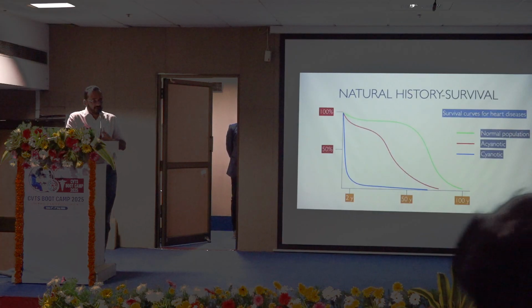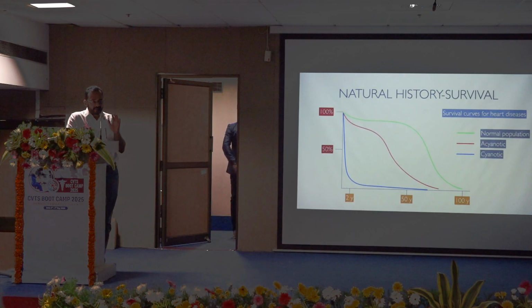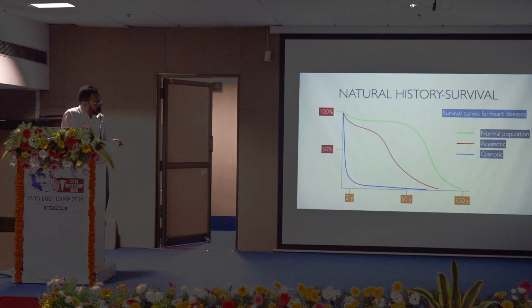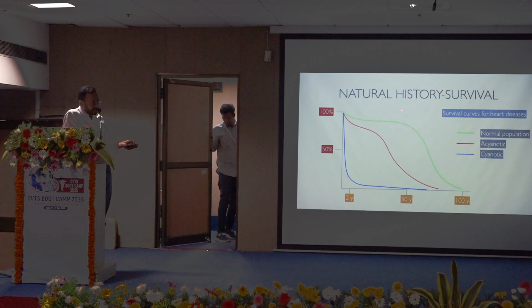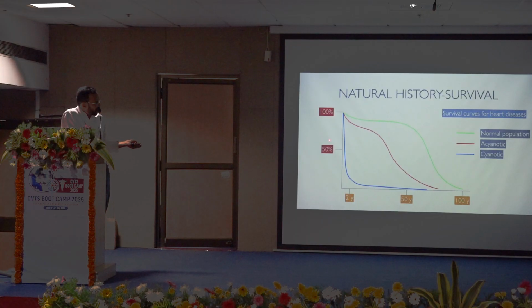If you look at the survival curves of heart diseases in general, the green one shows the survival curve of a normal population. The red one is the survival curve of acyanotic heart diseases, and the blue one is the survival curve of the total cohort born with cyanotic heart diseases. 90% of cyanotic heart disease patients are dead by the end of 1 to 2 years.